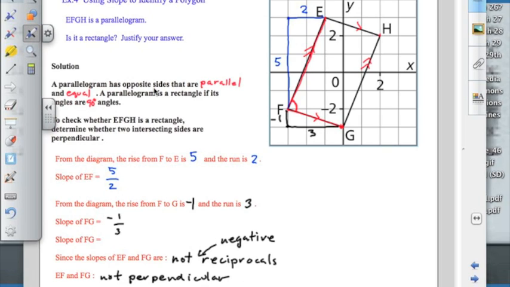And that means that angle F is not 90 degrees, and the parallelogram EFGH is not a rectangle.